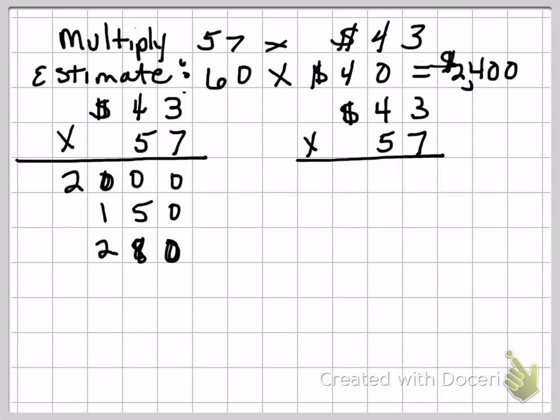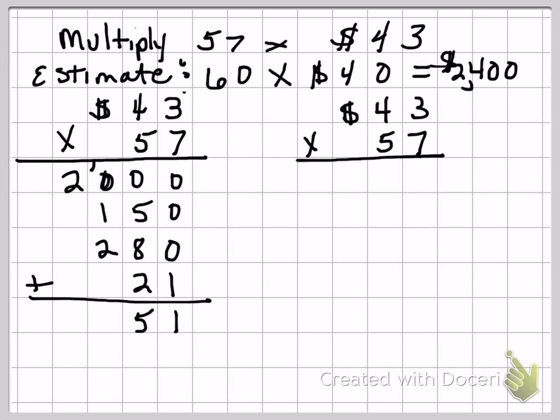It's going to make it nice and neat. 280. And I know that 7 times 3 is 21. So I'm going to go ahead and just add. 1 plus 8 plus 5 equals 15.